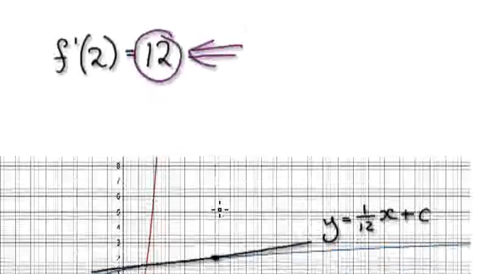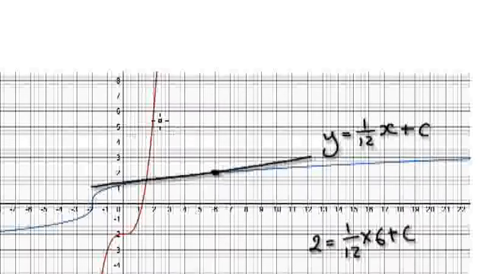If the gradient at 2, 6 is 12, then the gradient here must be 1 over 12, because once you know the gradient at this point, the gradient at the other point will simply be the reciprocal. So once you know this is 12, the gradient here must be 1 over 12.